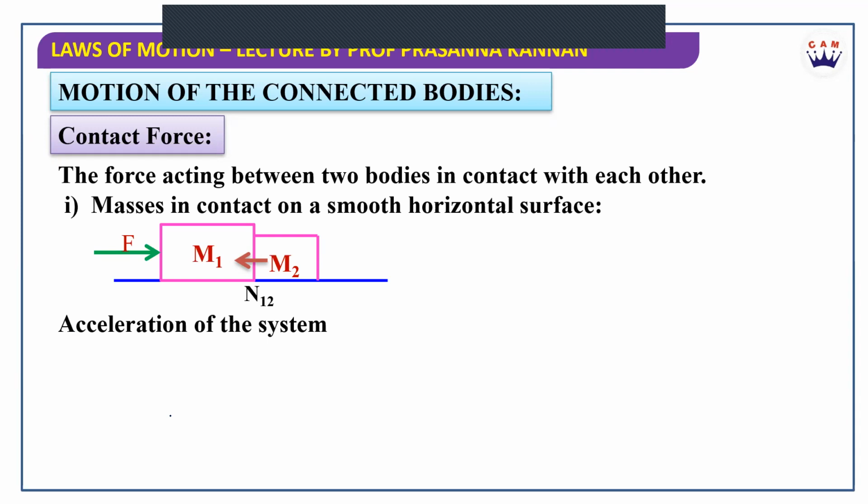You can apply this formula anywhere. So now tell me, what is the net force? F. What is the total mass? M1 plus M2. So the acceleration of the system is going to be F divided by M1 plus M2.